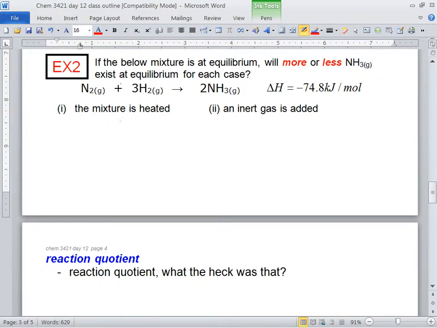So in this reaction, where could you write the word heat? Danielle, where could you write the word heat? Is it a reactant or a product? Jeff kind of gave us a hint. I think it was him. This is an endo or exothermic reaction. It's negative, so it's exo. If delta H is negative, that was exo, right?